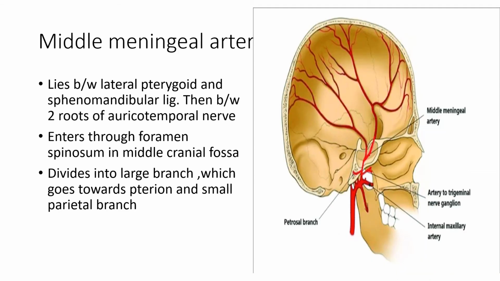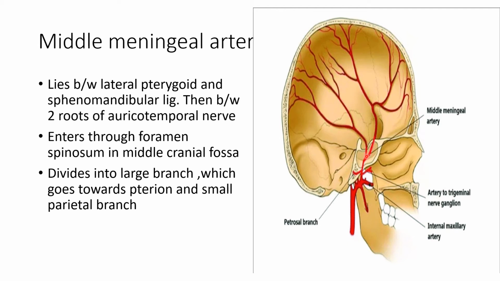And then we come to the most important branch, the middle meningeal artery. Basically the middle meningeal artery is coming from the first part of the maxillary artery. This picture is showing you the distribution of the middle meningeal artery.